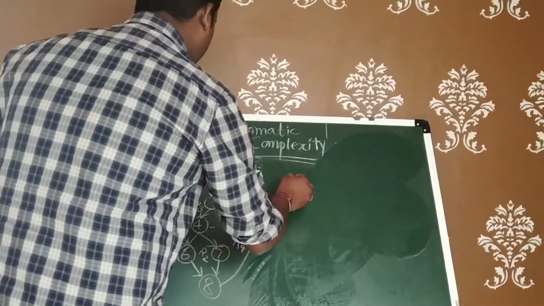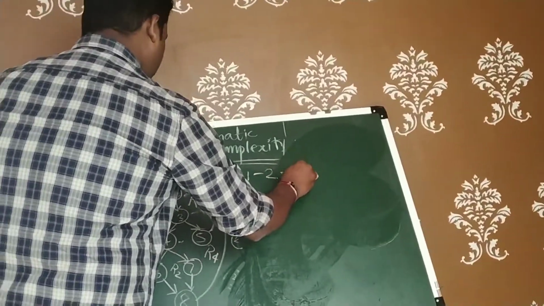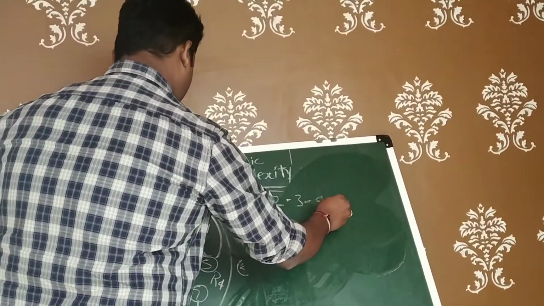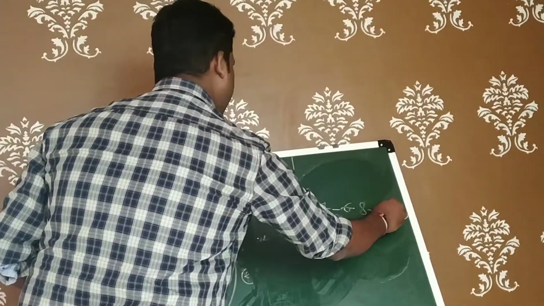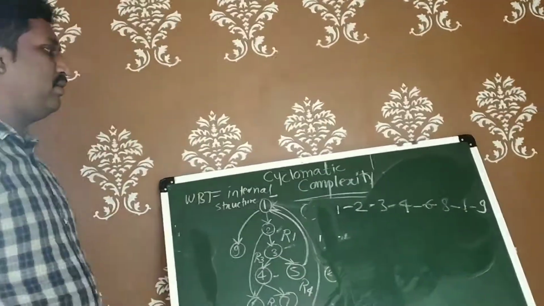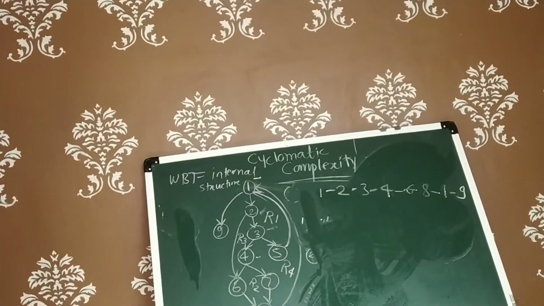Okay. 1, 2, 3, 4, 6, 8, 1, 9. This is path number 1.